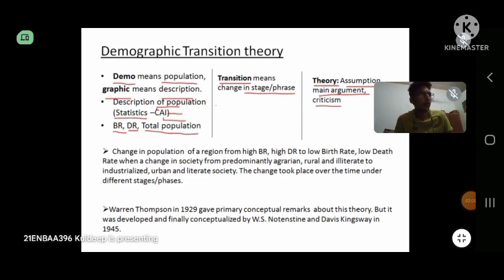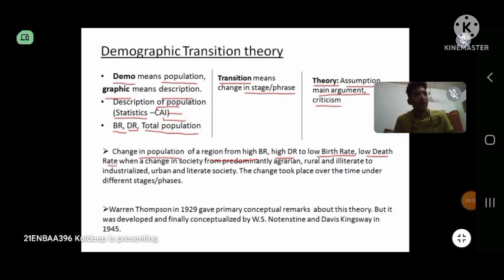If we sum it all up, we will say it is the change in population of a region from high birth rate and high death rate to low birth rate and low death rate. Means first the birth rate and death rate are high, and they change to low birth rate and low death rate.